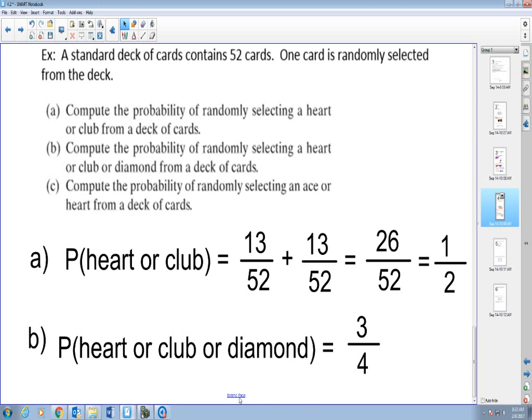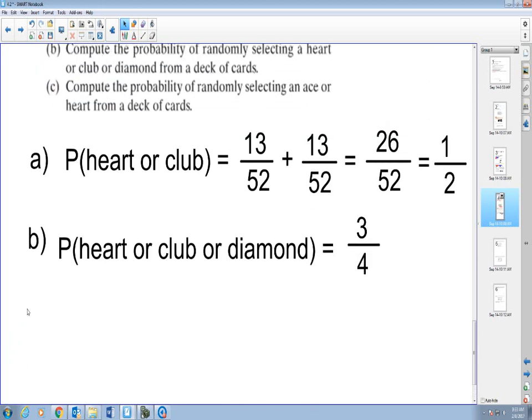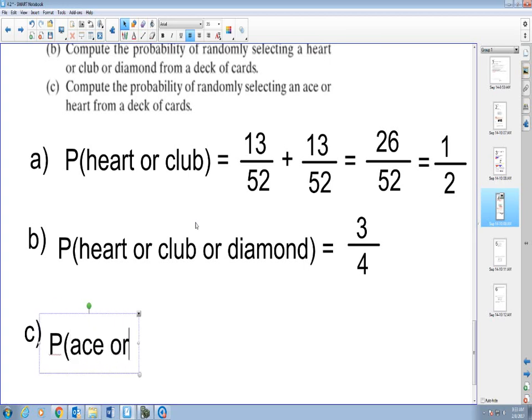Alright, part C. Here we go. Compute the probability of selecting an ace or a heart.